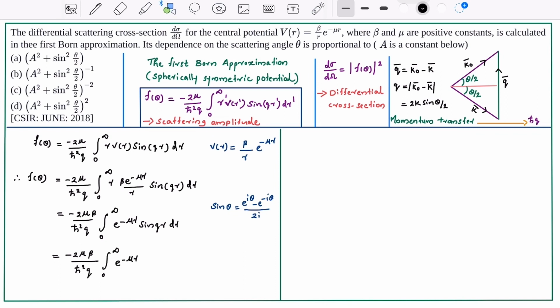Now instead of sin qr, write e raised to iqr minus e raised to minus iqr divided by 2i into dr.